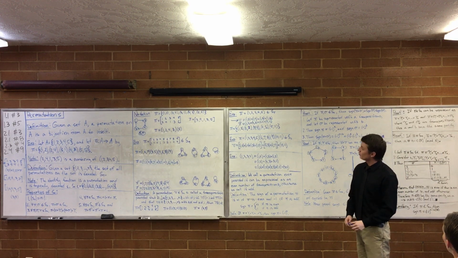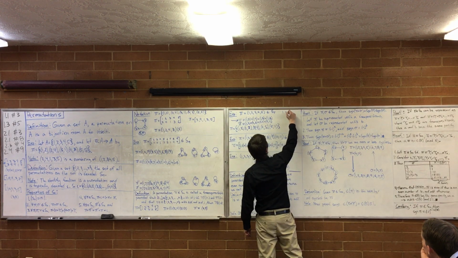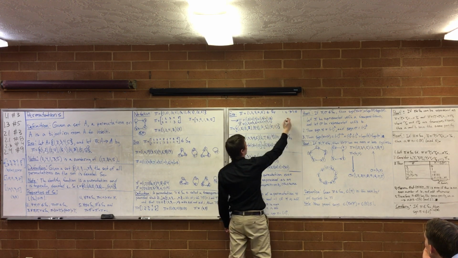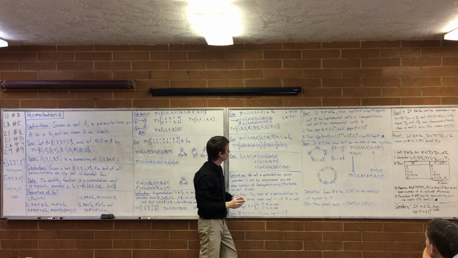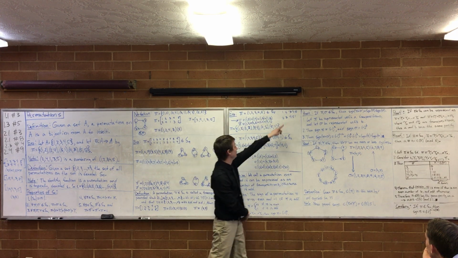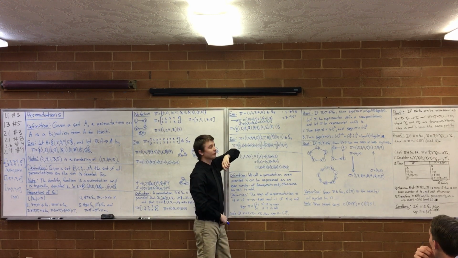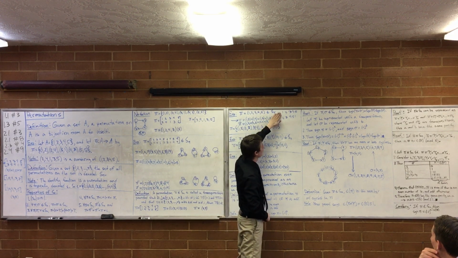I'm asking, what steps can I use to make 1, 2, 3, 4, 5 look like the output of this thing, which is 2, 3, 4, 5, 1? What series of swaps can I apply to make that look like that? That's the way I was thinking about it. You could come up with something on your own. You could ignore all this and just start looking at it and decide how you want to do it.